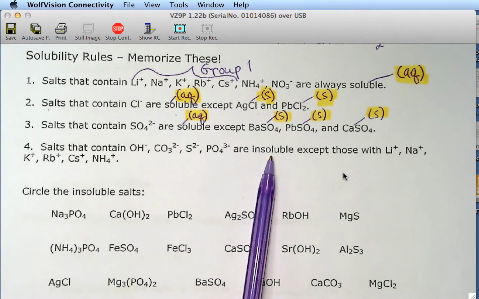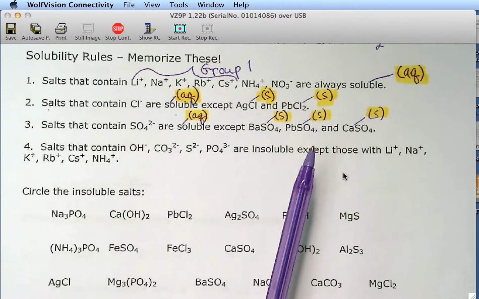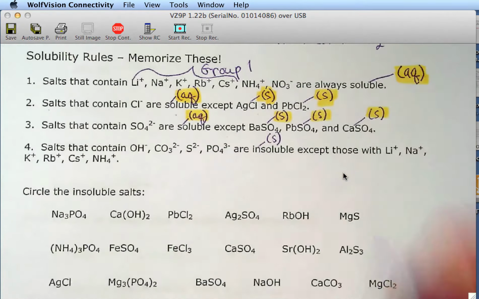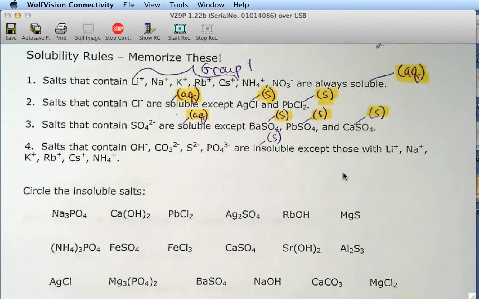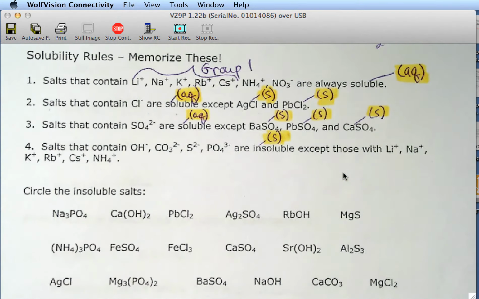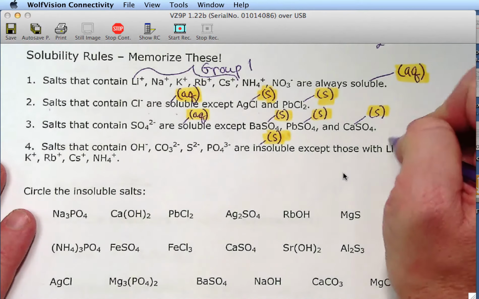So all of these are insoluble. So what symbol does insoluble get? S. Except those with lithium, sodium, potassium, rubidium, cesium, or ammonium. So, except those paired with group 1 or ammonium.